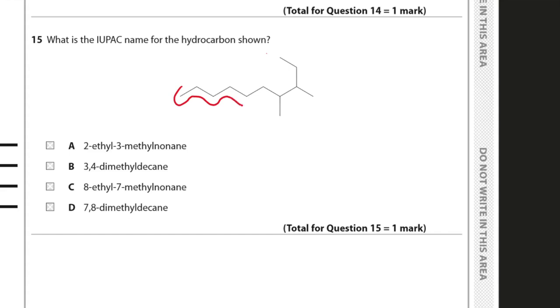So the longest hydrocarbon chain down here will be this one, because this chain contains the highest number of carbon atoms, 1 2 3 4 5 6 7 8 9 10, as opposed to 1 2 3 4 5 6 7 8 9. So if that's the case, then we have 1 2 3 4, so it's 3,4-dimethyl, and then it's 1 2 3 4 5 6 7 8 9 10, right? So decane. So the answer would be B down here.